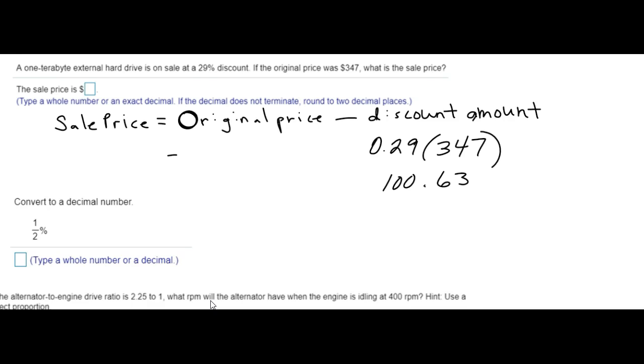And then to get the sale price, I need to take the original price, which is $347, and subtract the discount amount. 347 minus $100.63 is going to give us our sale price of $246.37.